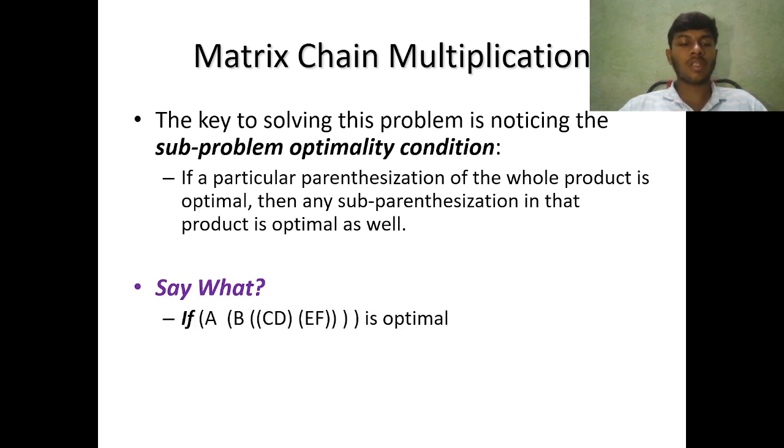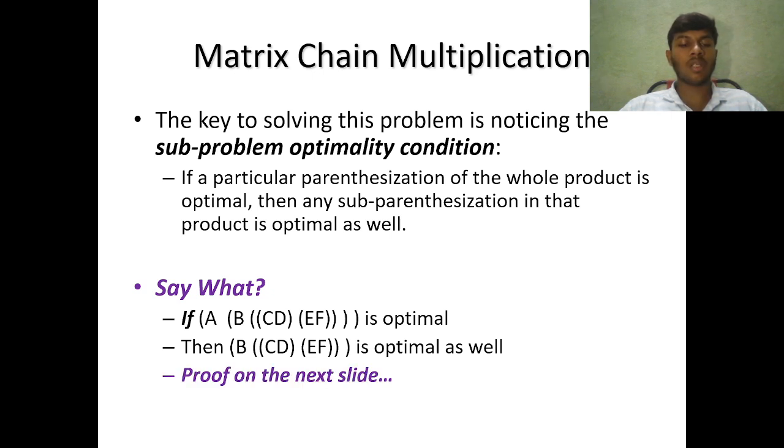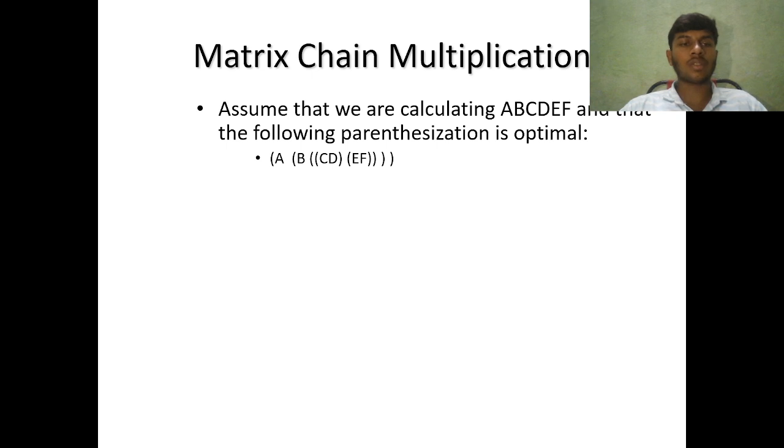If the multiplication is done this way, A times (B times (C D)), where C and D are multiplied, the result is multiplied with B, and that result with A, and it is optimal, then B multiplied with CD is optimal as well. Proof on the next slide. Let's see.